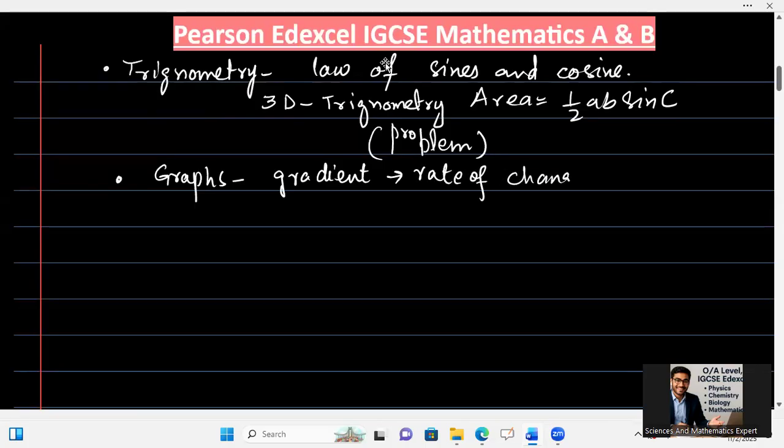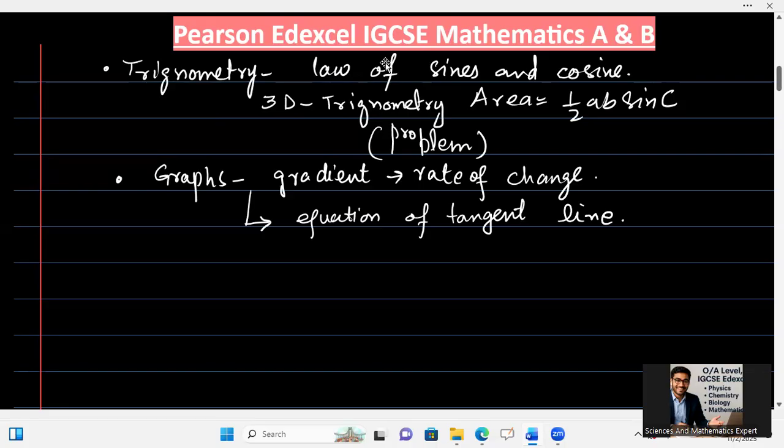And the second thing which we will have to find from the gradient is the equation of the tangent line at any point, which can be taken into account for the graph section.